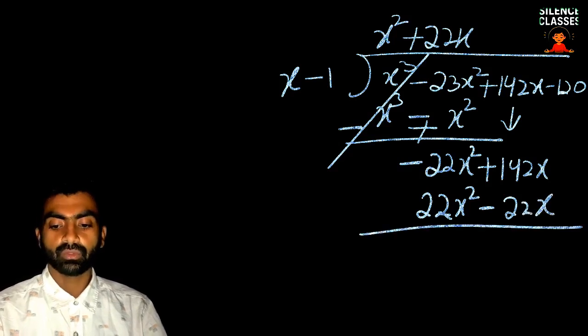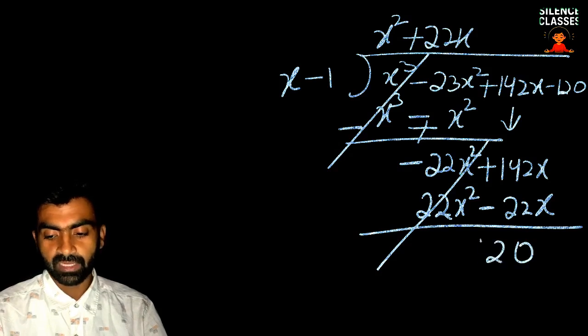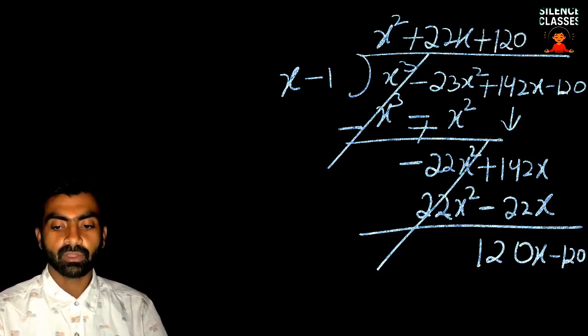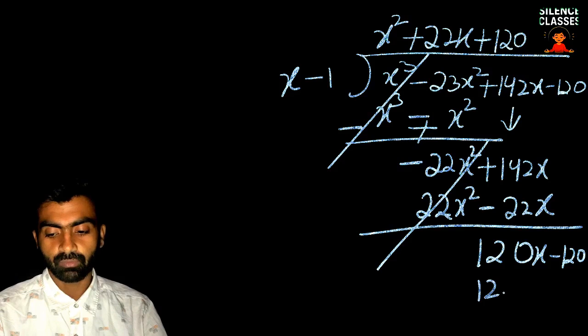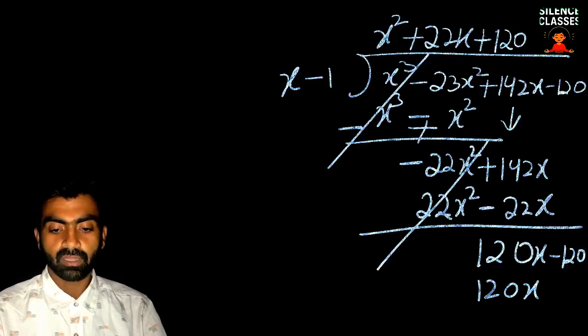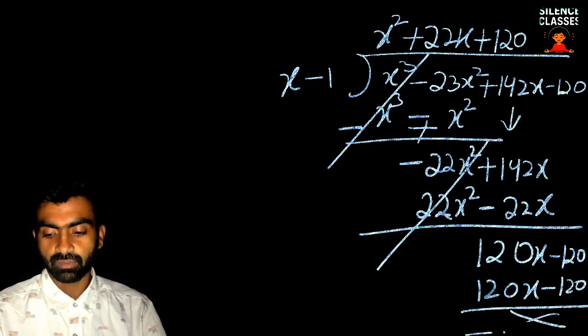I hope you guys understood how we are doing it. We don't have to change the sign because already the plus minus sign is there. We can cut this out, plus minus minus, so it will become 0, and we get 120x minus 120. Now we can take plus 120x, plus minus will become minus 120 multiplied by 1, we will get 120, it will become 0.